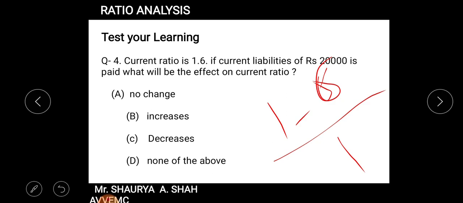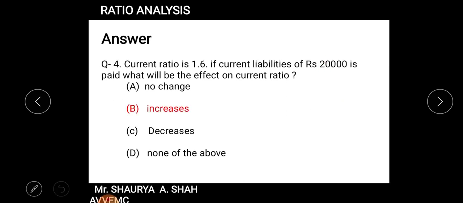So 1 lakh divided by 80,000, right? Now my current liability becomes 80,000 minus 20,000 is 60,000. So 1 lakh divided by 60,000. Always remember students, whenever current liability decreases, your current ratio always increases. Whenever your current assets decrease, your current ratio decreases.